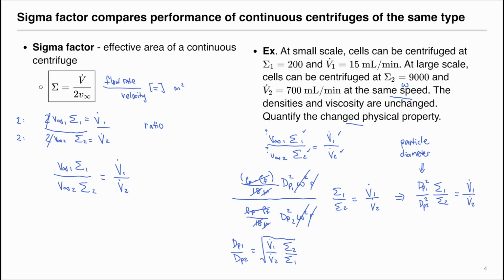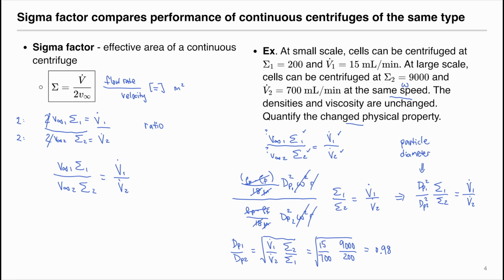Now we can plug in the values. So we have 15 with its unit divided by 700 with the same unit. Sigma factor 2 is 9,000 divided by sigma factor 1 is 200, square root. And if we calculate the value for that, we will have 0.98.